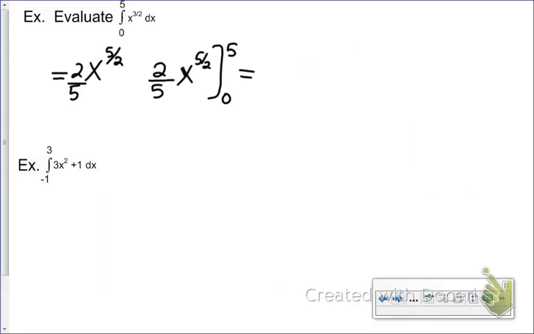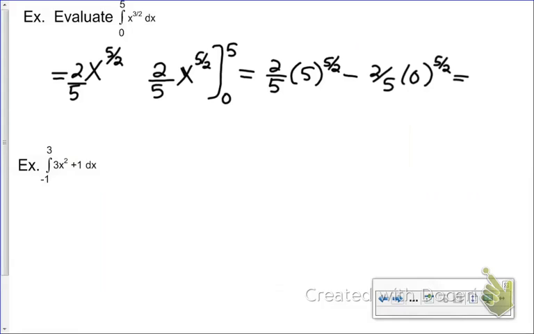So we're going to take 5 and plug that in, minus f of, so it's f of b minus capital F of a, plug in 0. So figure out the answer for me.